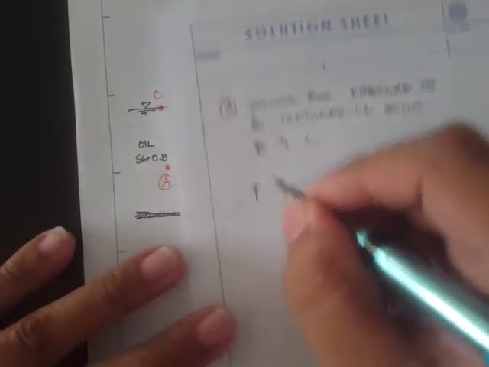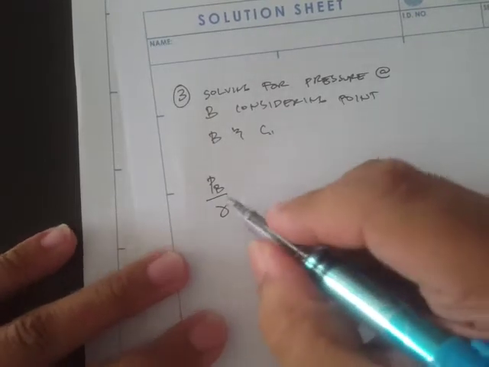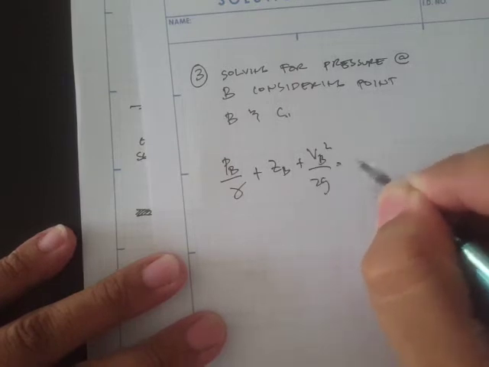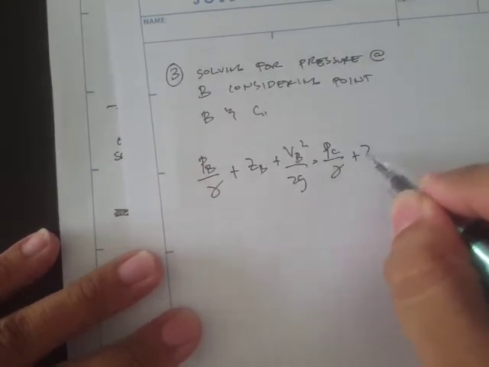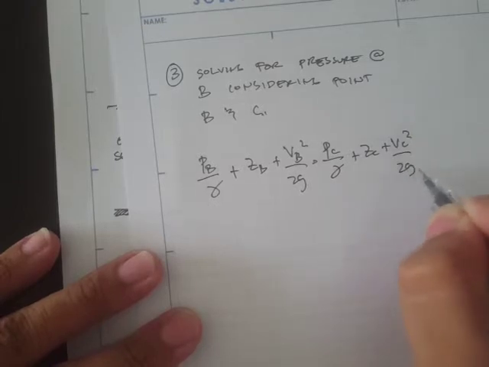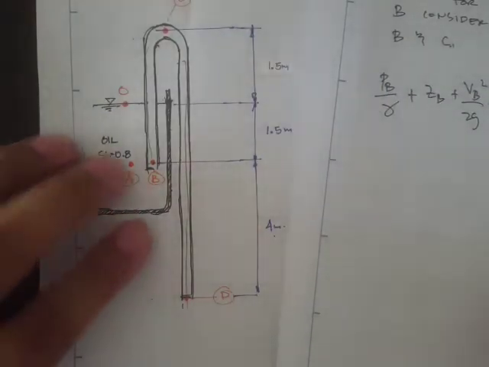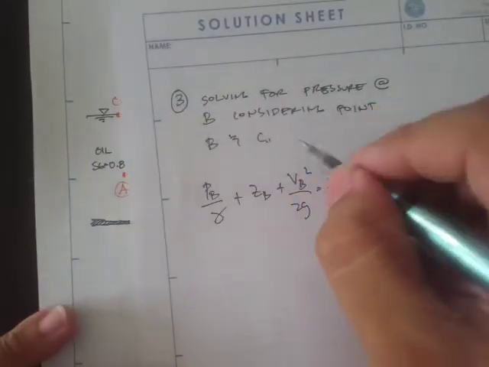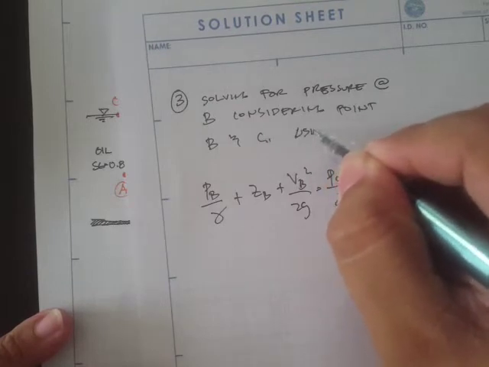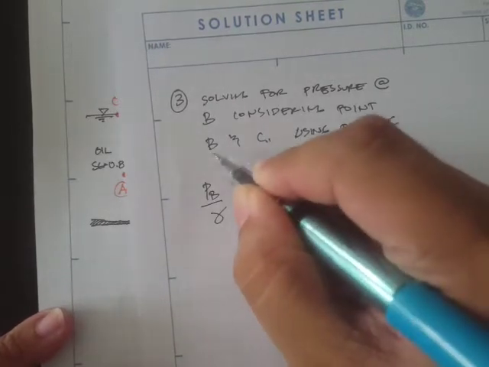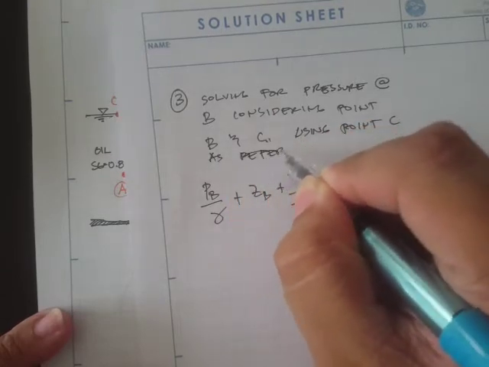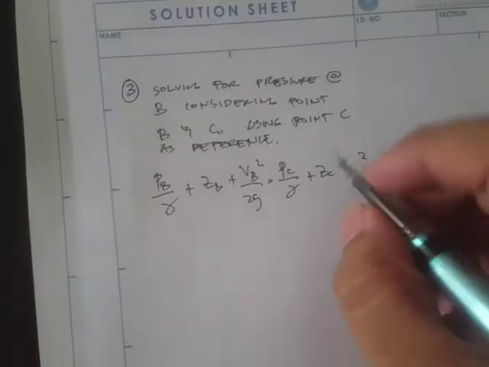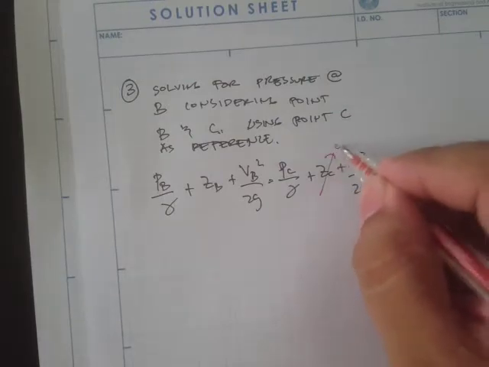Okay, now let's apply P_B divided by the unit weight plus the elevation at B plus the velocity head. So we are using point B and point C, and let's say using point C as reference. Okay, so if this is a reference, then this will be 0, right?